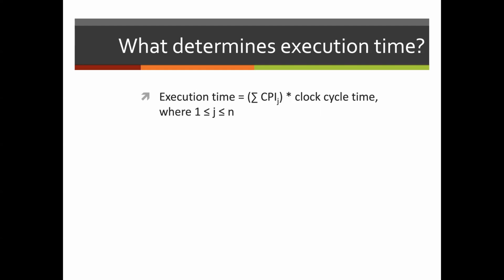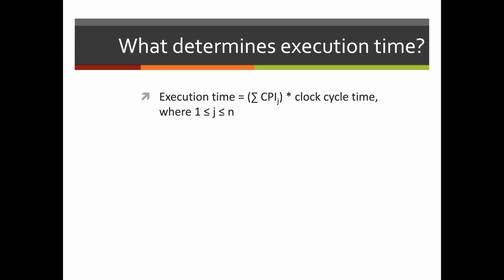So what exactly determines execution time of a processor? In order to understand that, we need to understand the attributes that constitute the performance of a program on a processor.